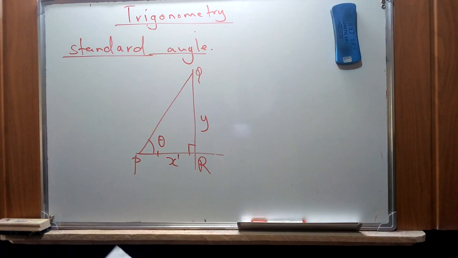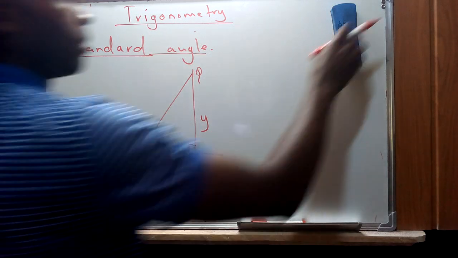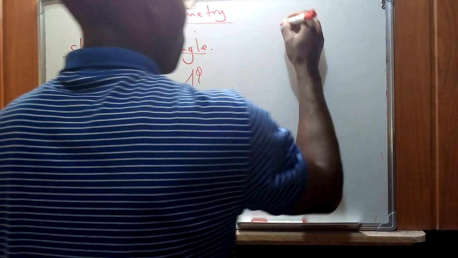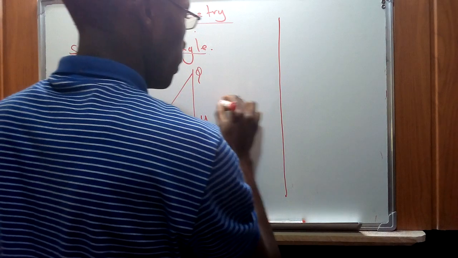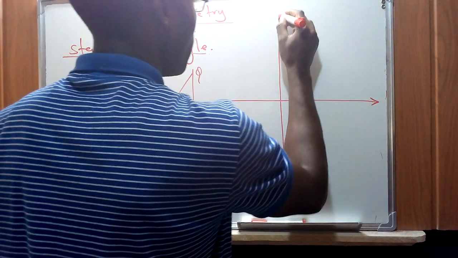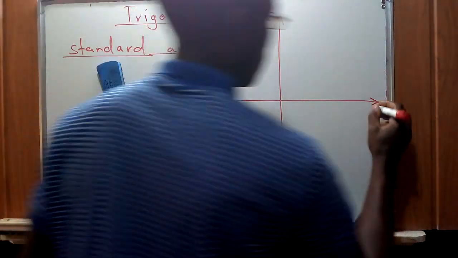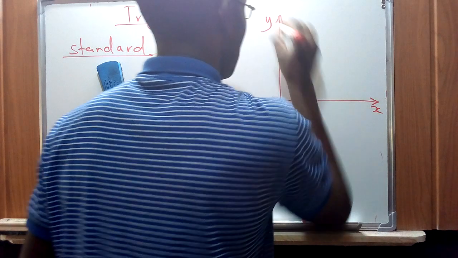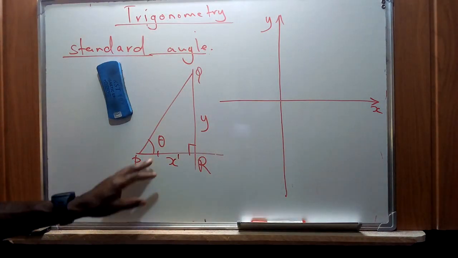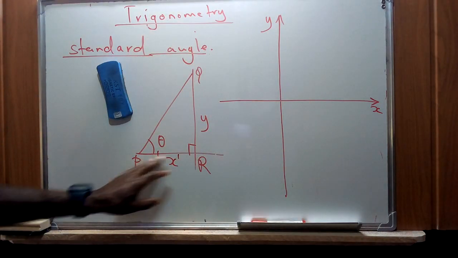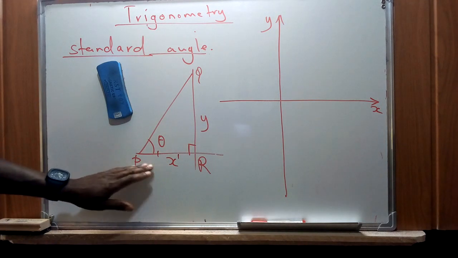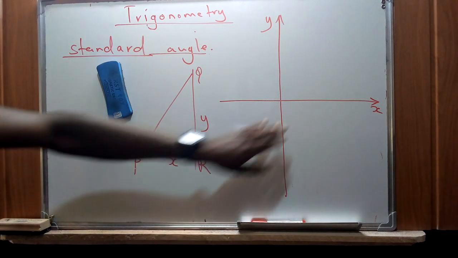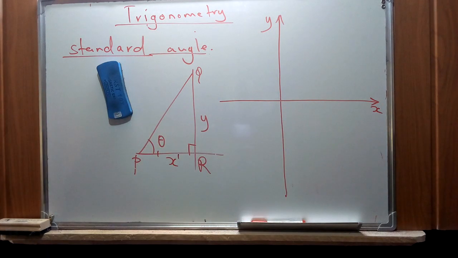But this is going to use the concept of a rectangular coordinate system, which we normally know as the XY axis. So in this case, I'm going to have X here and the Y axis. So the change for these angles, suppose this point of origin is at the center, the difference between P and Q can be determined by finding the range on the X axis and the Y axis.